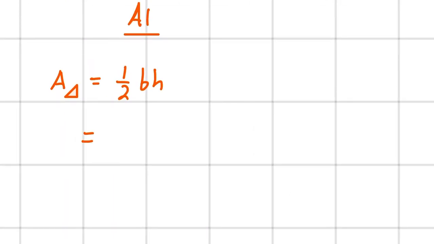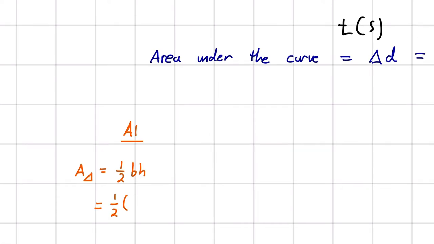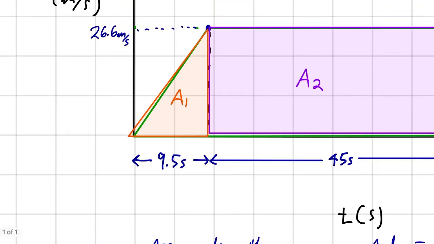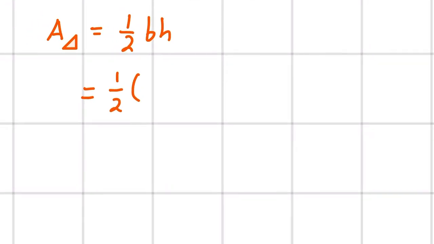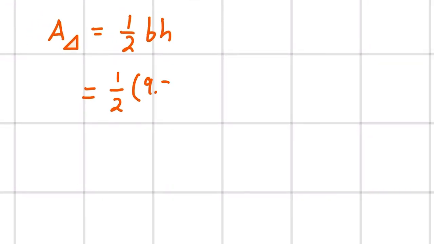So when we plug in this formula, we have 1/2. Remember, the base was 9.5 and the height 26.6. So 9.5 seconds times the height 26.6 meters per second.